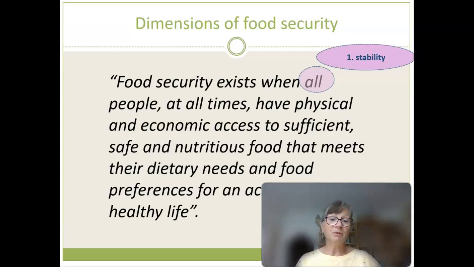People living in food insecurity don't have stability in their food supply. It could be a supply that is interrupted, also in conflict situations. There are parts of the Ukraine, for example, where there may be difficulty with the stability of that food supply.